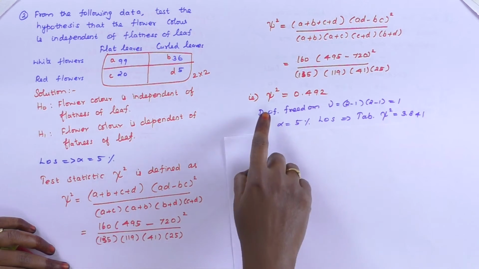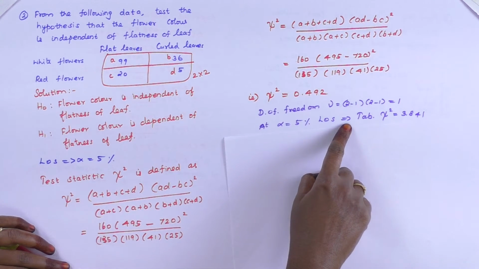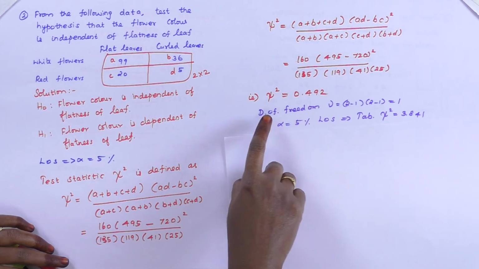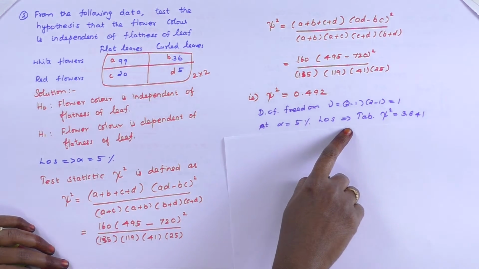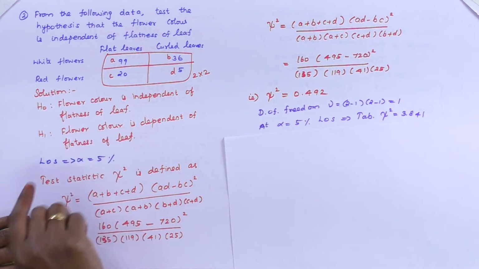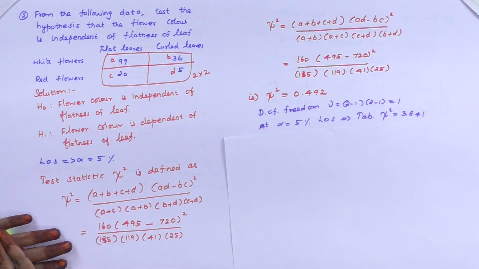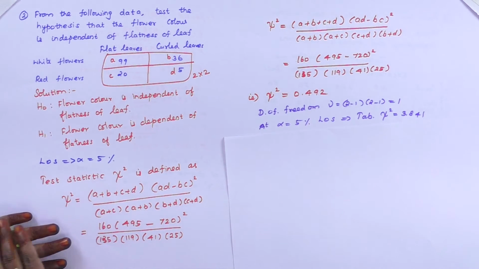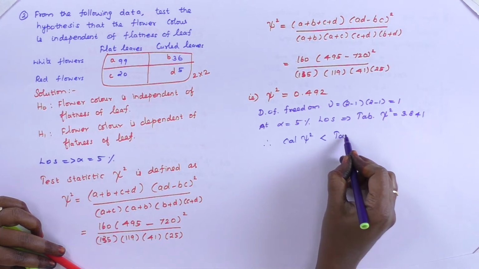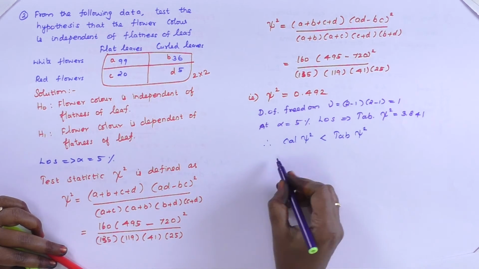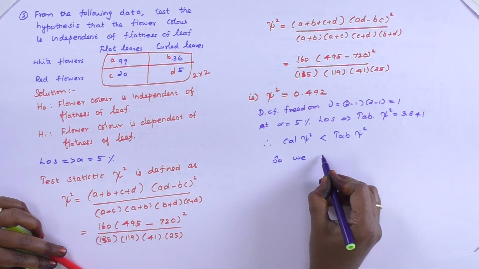Now comparing the calculated chi-square with this tabulated chi-square, calculated chi-square is less than the tabulated chi-square, so we accept H0. That is, flower color is independent of the flatness of leaf.